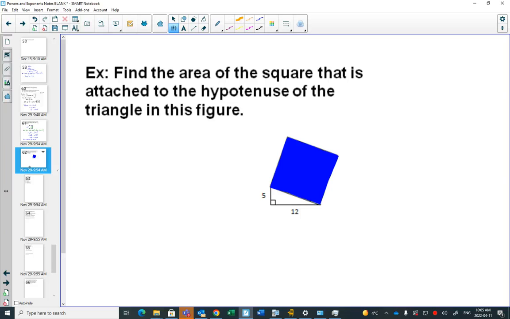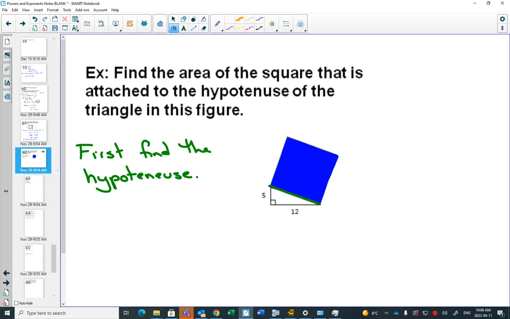Does it make sense that first, I'll draw a green line here. First, you need to find the hypotenuse. How do we find the hypotenuse?